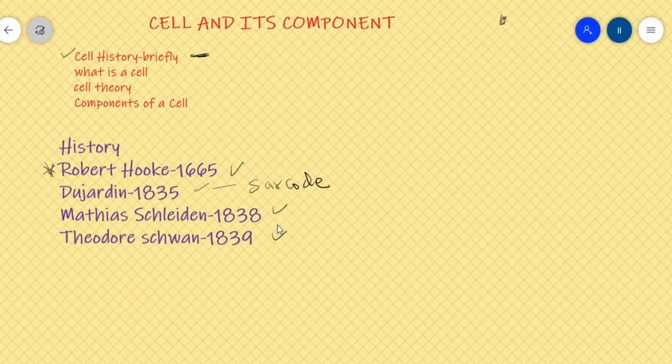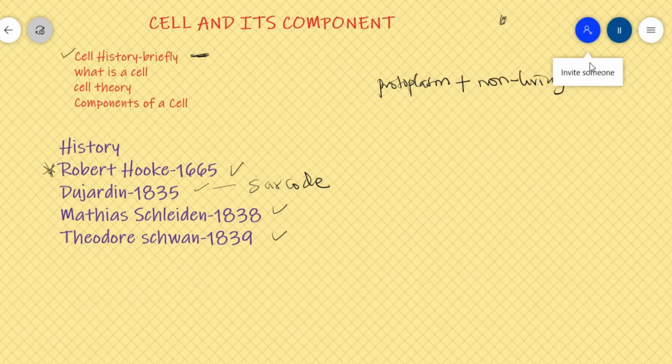So with this, we can say that a cell consists of two parts. We have the protoplasm, which is the living part of the cell, plus the non-living part of the cell.